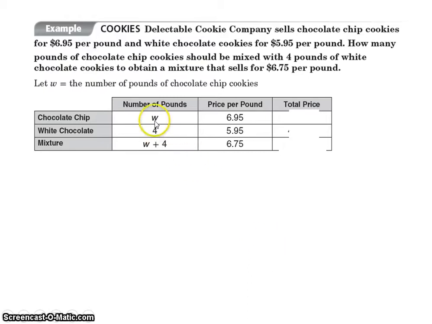So let's multiply across. W times $6.95 gives me $6.95W. 4 times $5.95 gives me this, and then again we multiply across and get this. So in order to find out how many pounds, we would add the first two and make it equal to the last one.